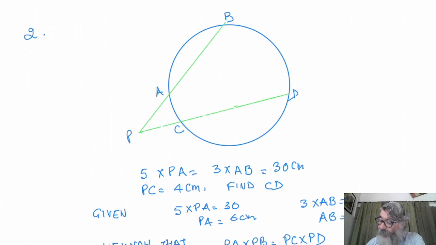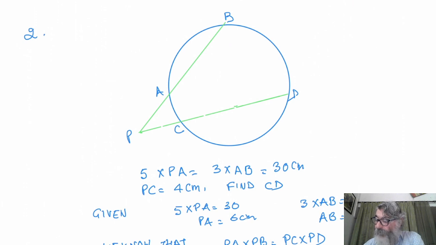PC is 4. PA is known, AB is known, so PB is known. And we have to find PD.